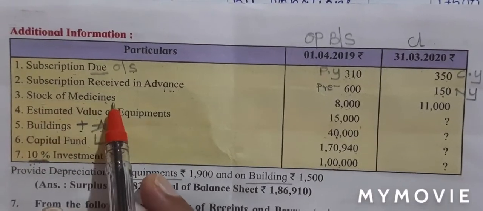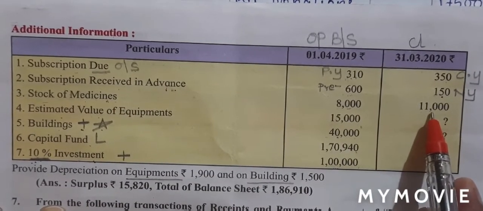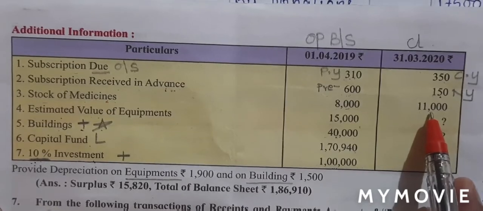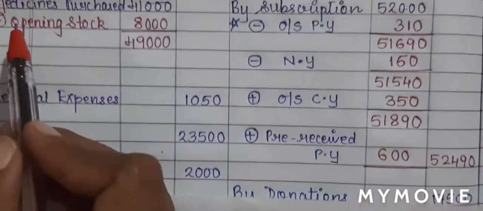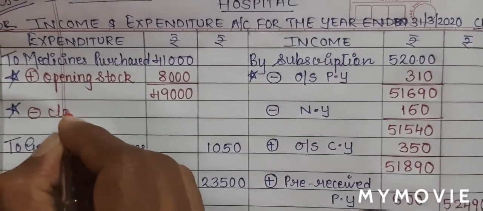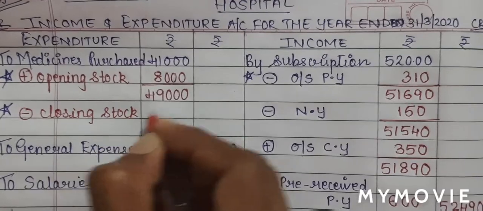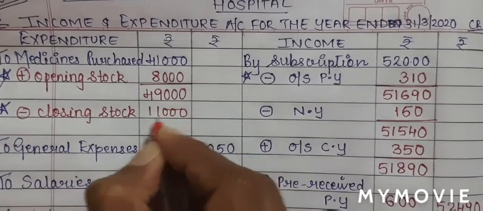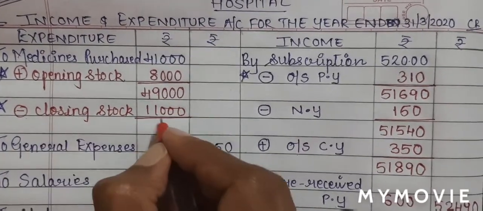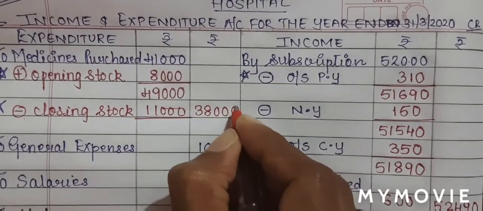Number 3, stock of medicine. Closing value is given 11,000. This is my closing stock of medicine. So let's do the first effect. So I have medicines. I'll say less closing stock, which is 11,000 rupees. So 49,000 minus 11,000 will give me 38,000 in the outer column.